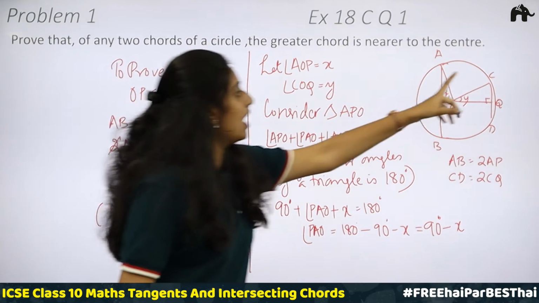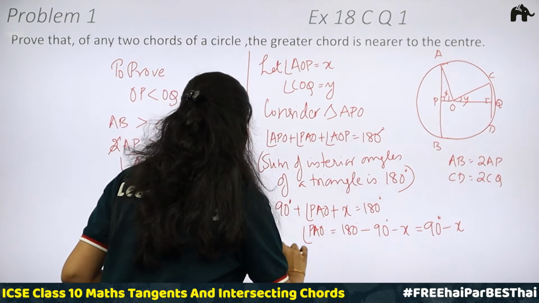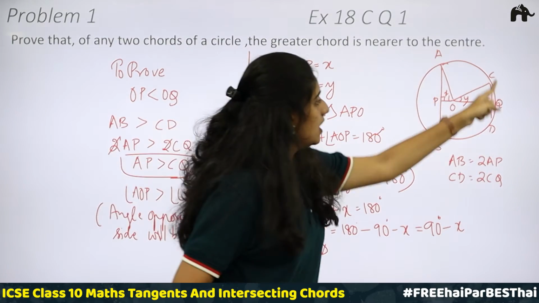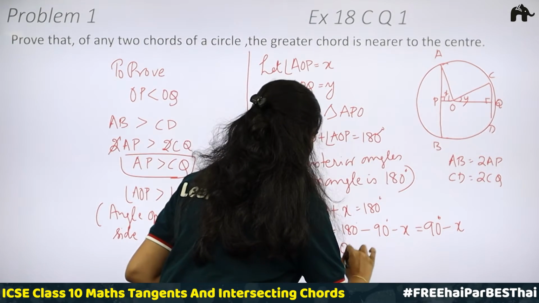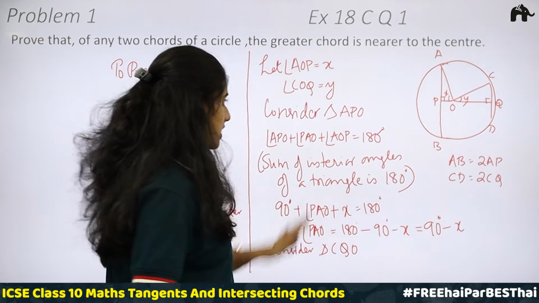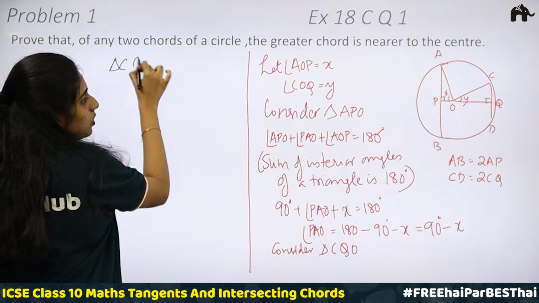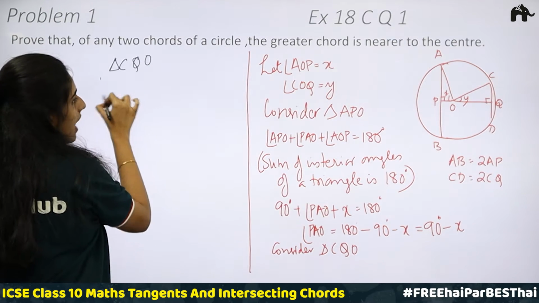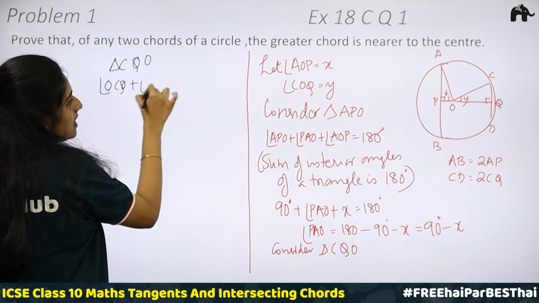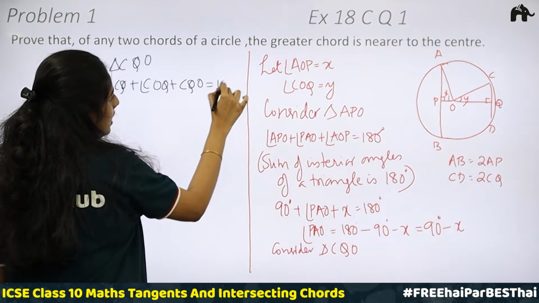Now consider the other triangle, triangle CQO. When you do the same procedure, you will have angle OCQ plus angle COQ plus angle CQO is equal to 180 degrees.